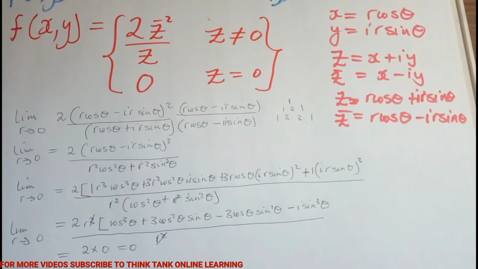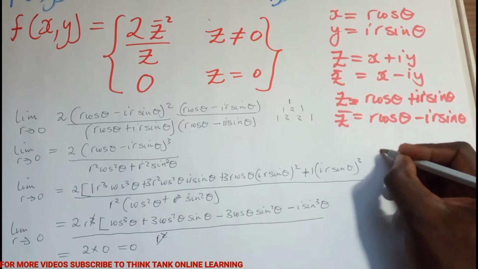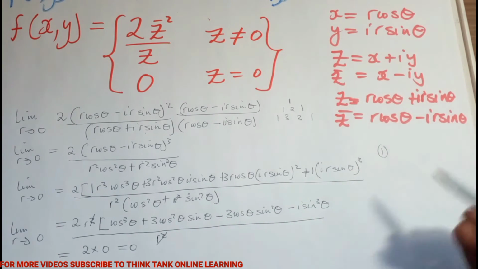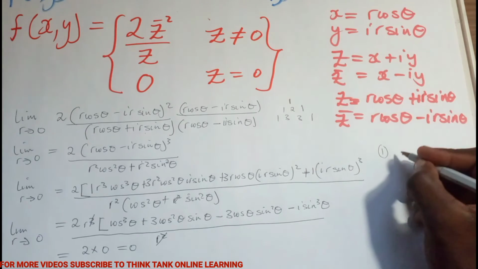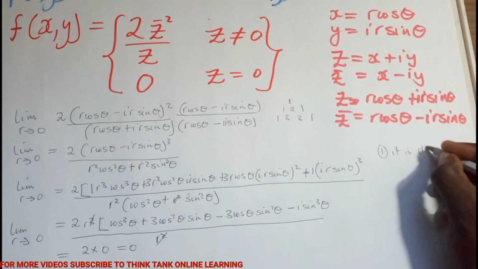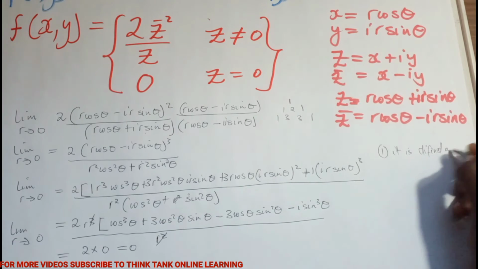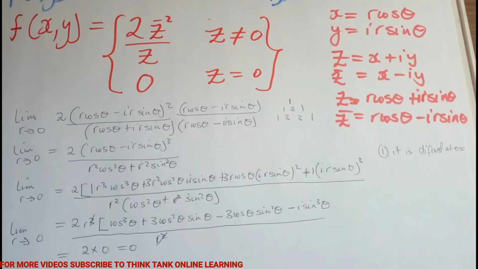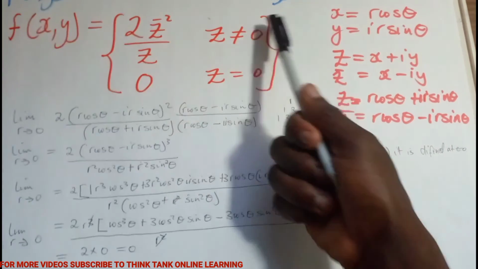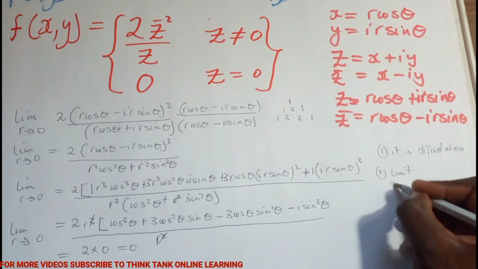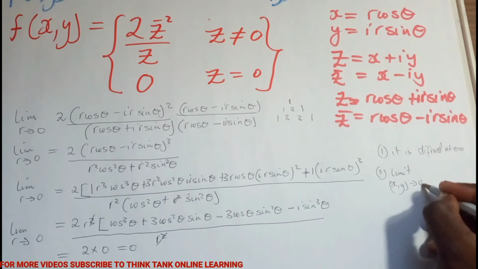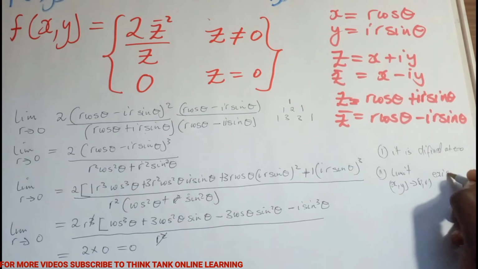Our first condition: the function is defined at this point, when z equals 0. We've shown that the function is defined at z equals 0. Then the second condition: we've shown that the limit exists at the point (x, y) equals (0, 0), so the limit as (x, y) approaches (0, 0) exists.